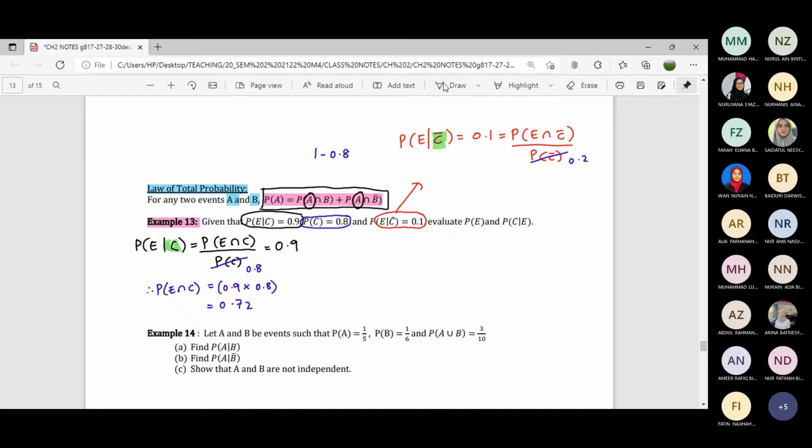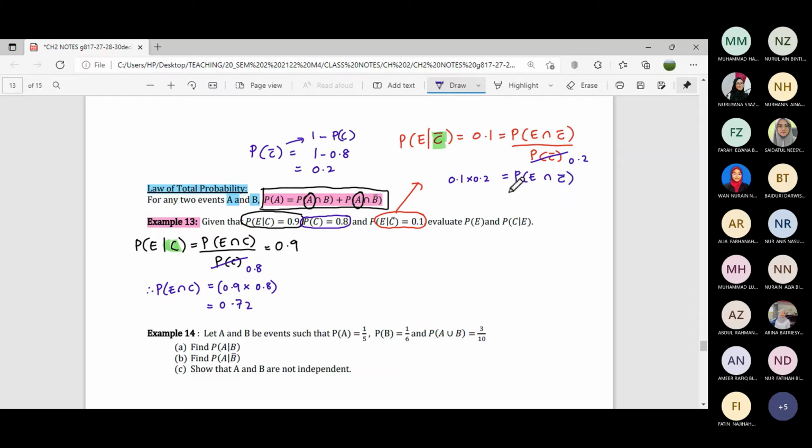P(C bar) is 1 minus P(C). P(C) dah diberi kat sini. So 1 minus 0.8, 0.2. So dapatlah ini 0.2. So from here you can get this is probability of 0.1 times 0.2 akan dapat P(E and C bar).